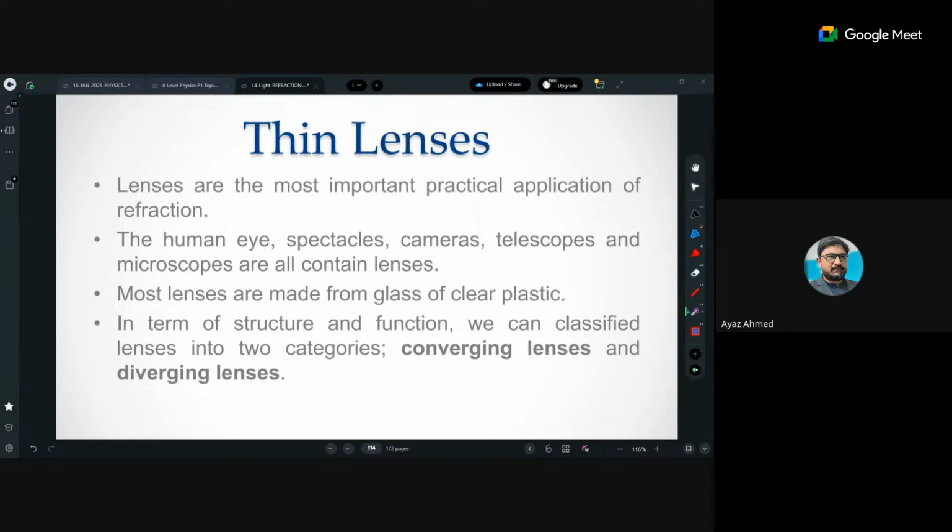The lenses are either made of transparent glass or clear plastic, which I told you was perspex. Why? Because crystal glass lenses are quite vulnerable to damage. So there are two types of lenses: the converging lens and the diverging lens.